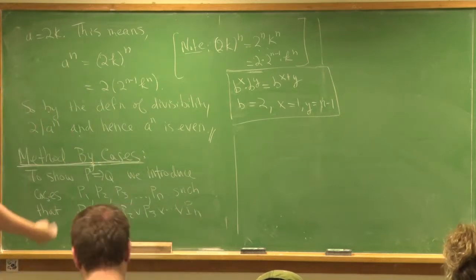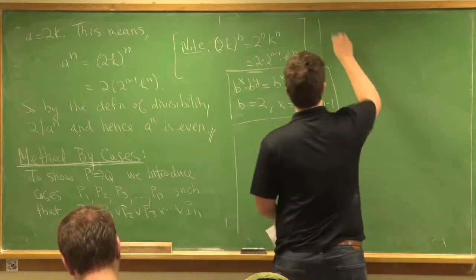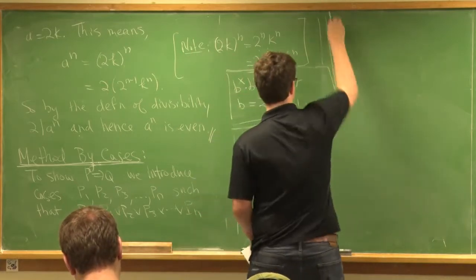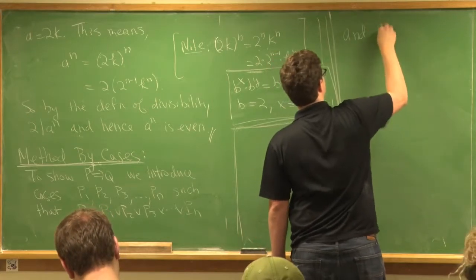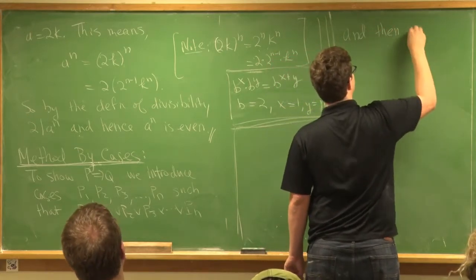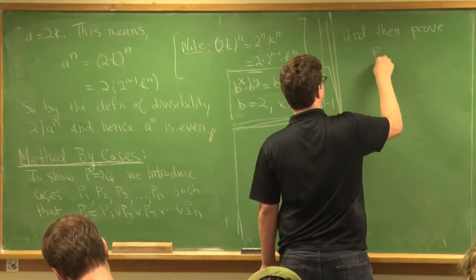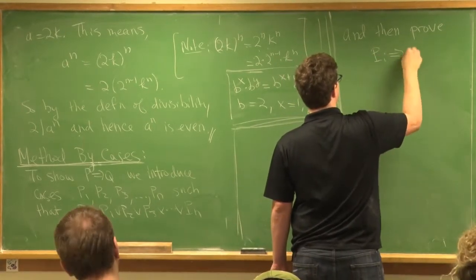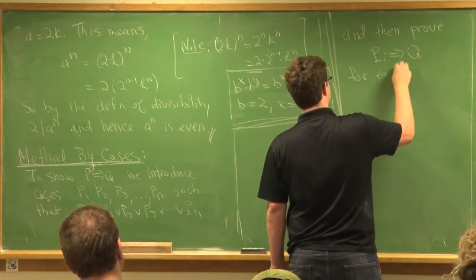Okay, so we break it up into a bunch of things, and then we may do a bunch of different proofs: Pi implies Q for each of the cases.